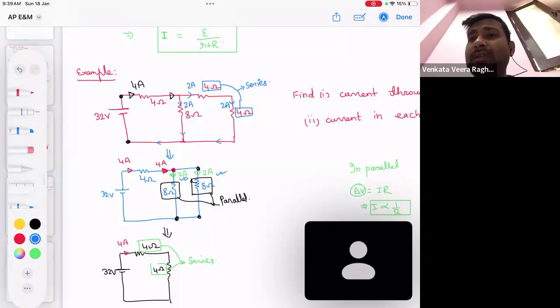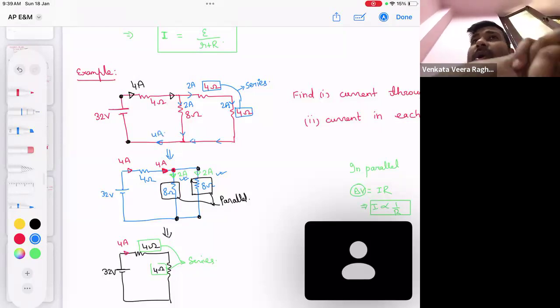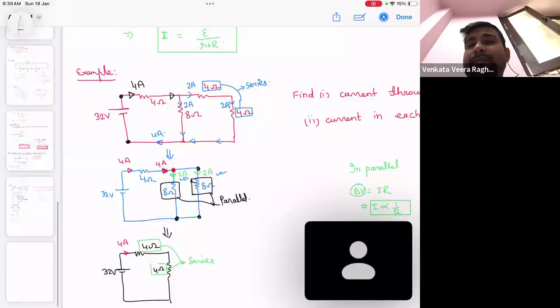Here 2 ampere is coming, here 2 ampere is coming, and it becomes 4 ampere here, right? So you could have used Kirchhoff's loop law to solve this question, or the simple series and parallel method. You should know both methods to solve the question. Is that clear? Please tell me.